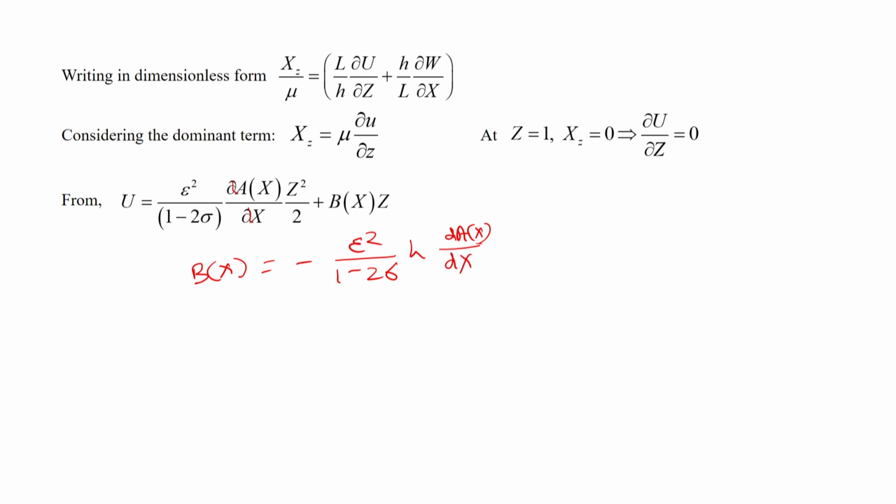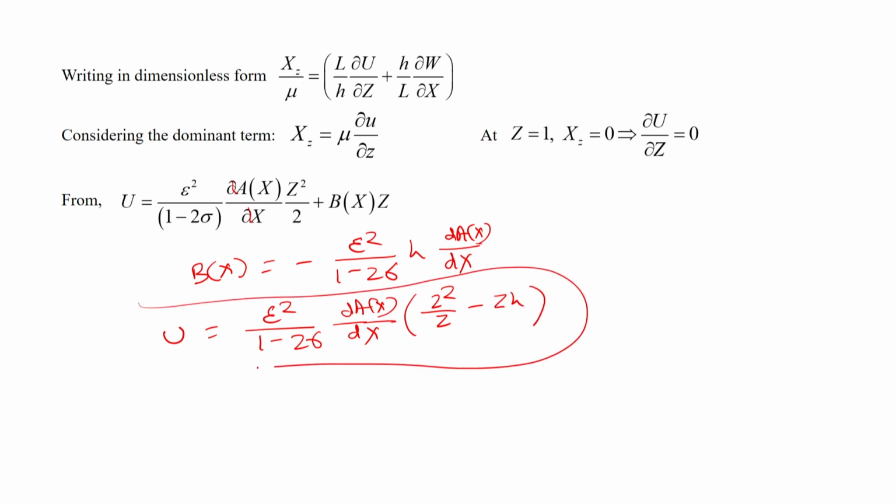It should be d and not del, because A is a function of x only. Then u will be equal to epsilon square by 1 minus 2 sigma, times dA of x by dx, and here it will be z square by 2 minus z into h. So, this is the solution for u that will be obtained.